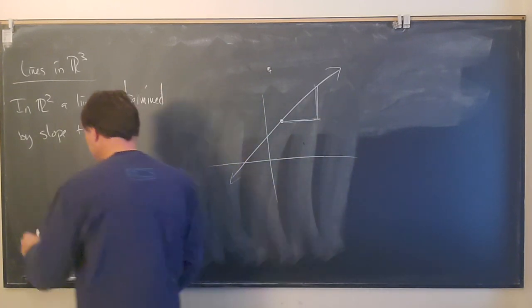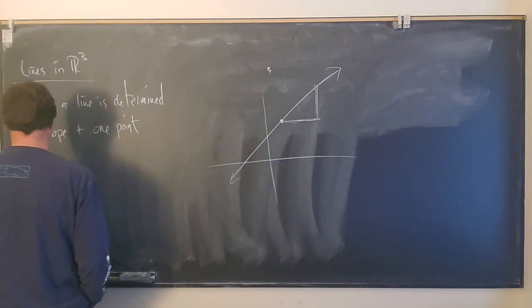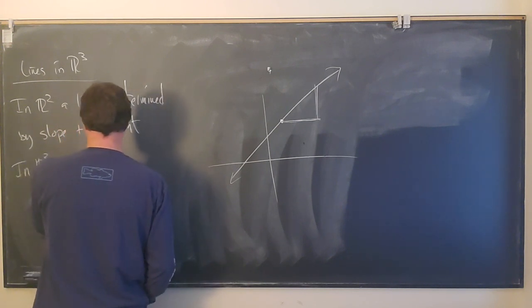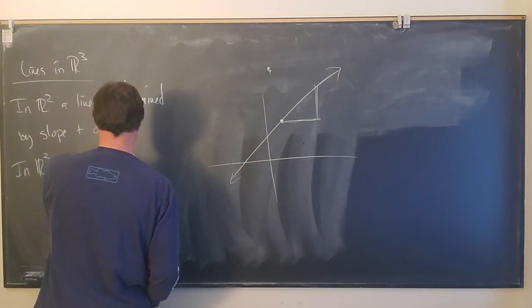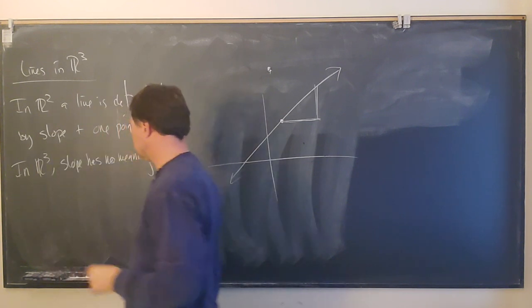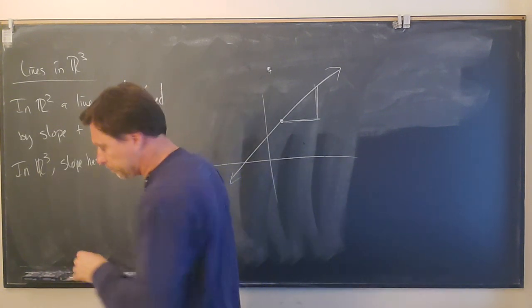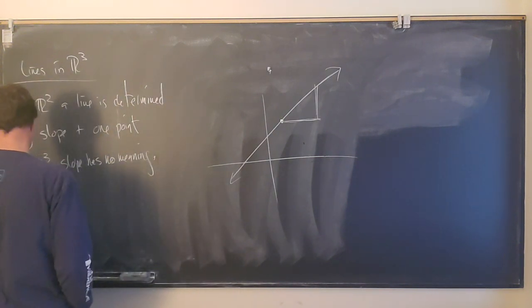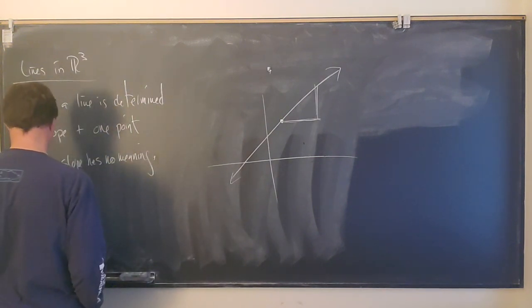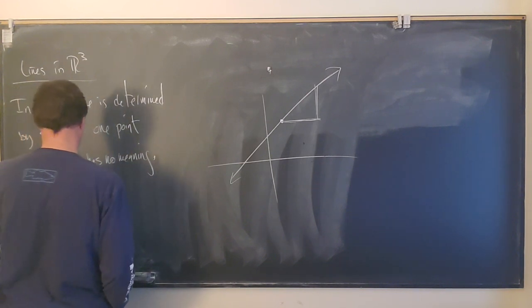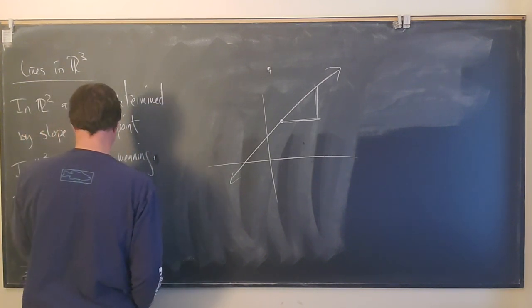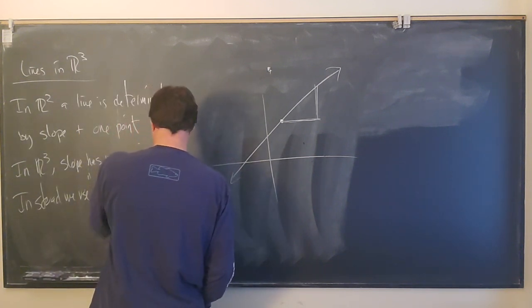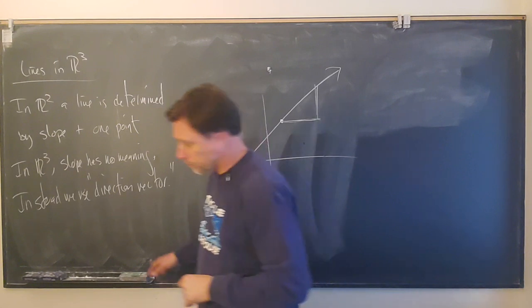In R3, slope has no meaning, so we replace this. Instead, we use what's called a direction vector.